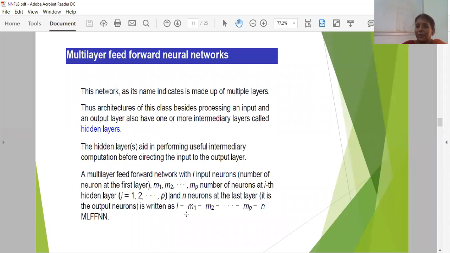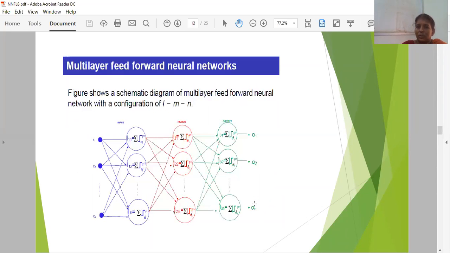So you may write the MLFFNN, that is multi-layer feed forward neural network, as an LPN pattern. Okay, so this is the schematic diagram where you have multiple weight connections between input.